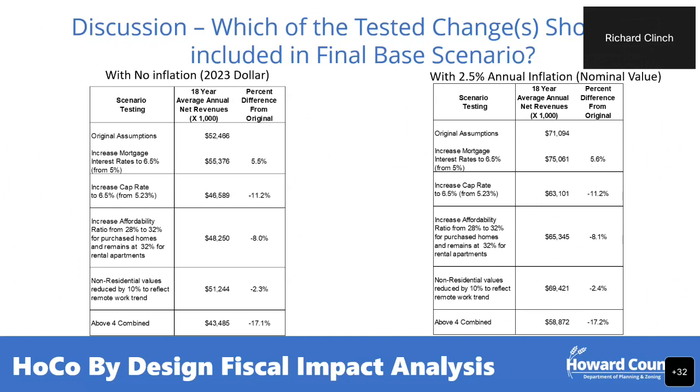So Dr. Clinch, I think you missed the first part when we talked about nominal value and also the methodology of fiscal impact analysis, because there are a couple of things. One is that we have to have a balanced budget for the base budget. Just not talking about the new development at all, just the base budget. So number one, the 2.5% really matched the historical level pretty well.